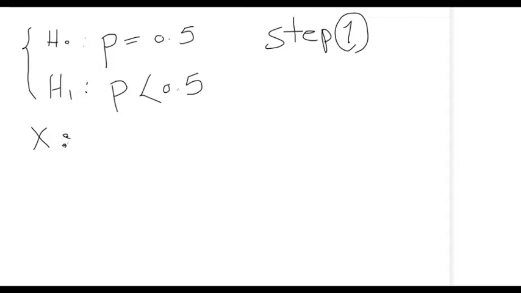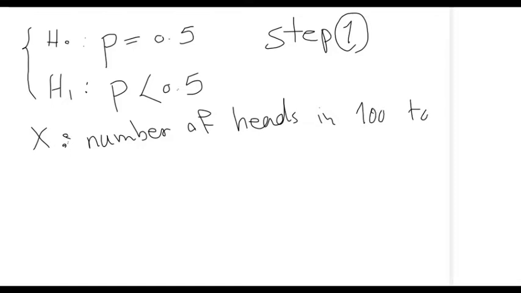In step 2, we have the test statistic or random variable, here the number of heads in 100 tosses. X has a binomial distribution, the number of successes.